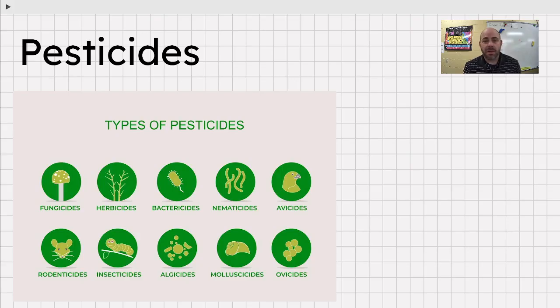Not because the organism had a better desire to survive, but because of random chance. But because of that random mutation, that organism lives, reproduces, makes more things like itself, and you have populations of resistant organisms, which is never good.